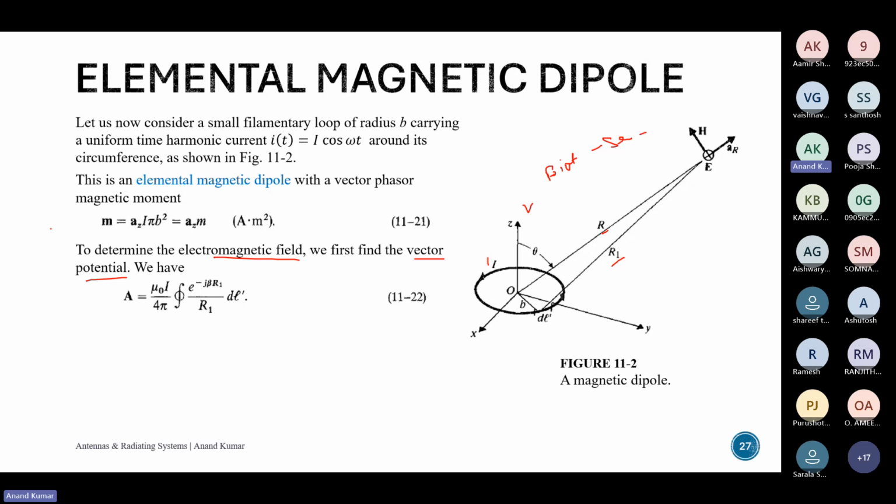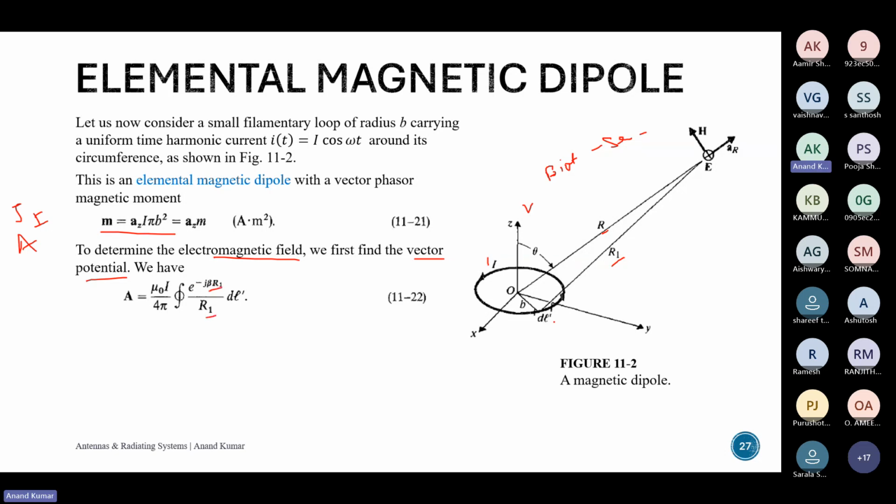So now this is basically equivalent to your J and I. And now we're finding this vector potential. A is given as mu naught I by 4 pi integral of e power minus j beta r1.